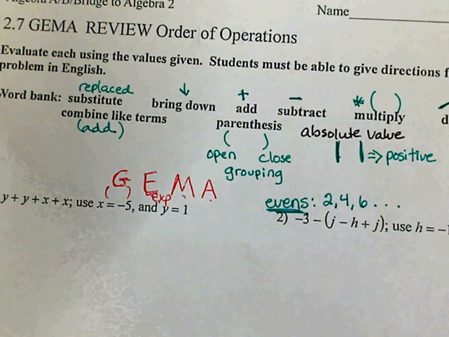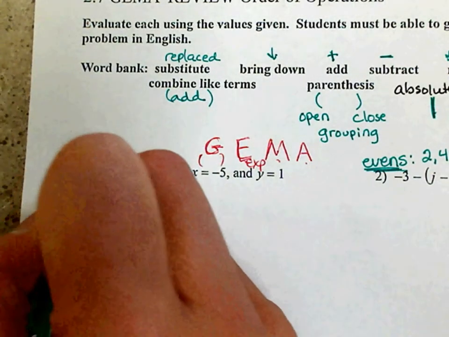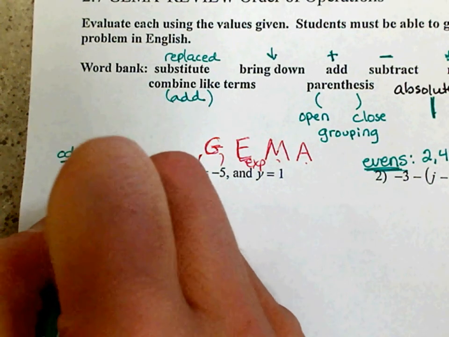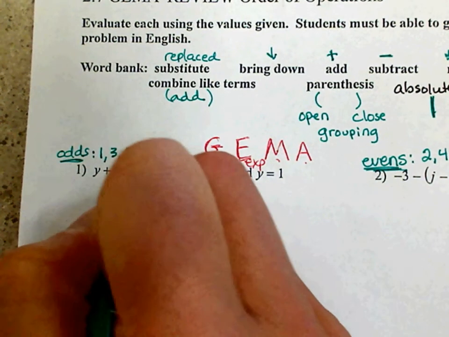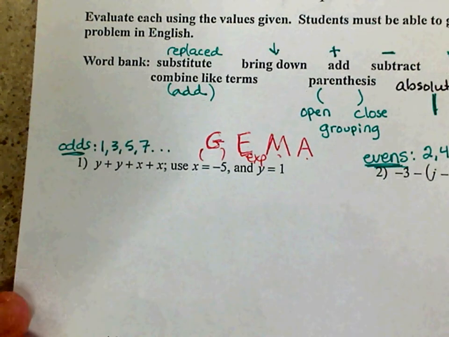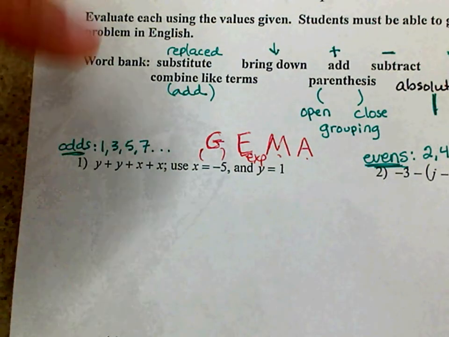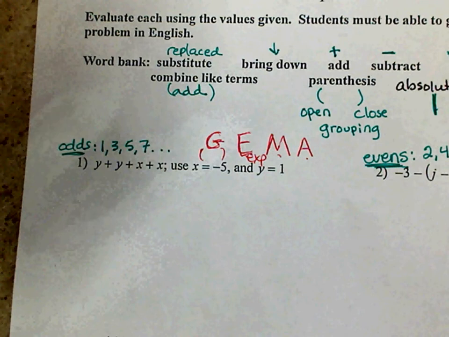On the other side, the back page, we're going to do the odds. Numbers that are odds is 1, 3, 5, 7, 9, 11. Those are called odd numbers, in case you never heard of them. So those are odd numbers. 1, 3, 5, 7. Even is 2, 4, 6.